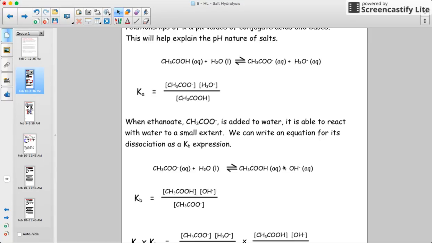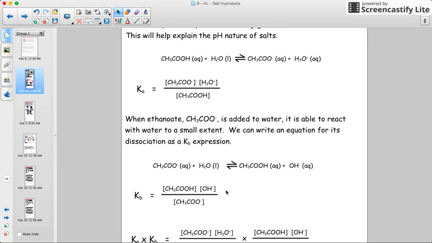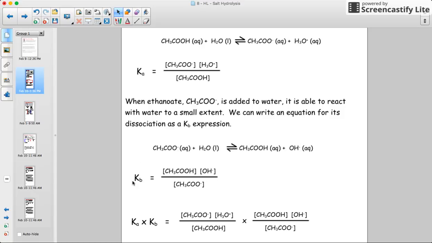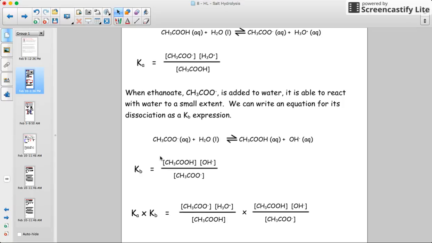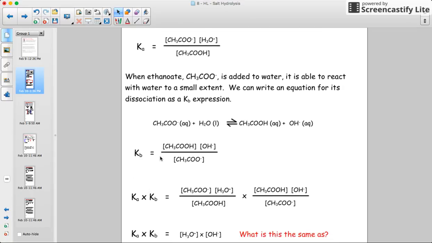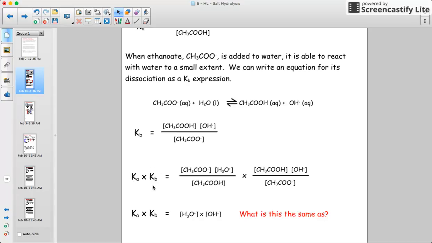Now remember, this isn't happening much, but this is what would happen when it behaves like a base, and it's at equilibrium. So I can set up a similar Kb expression for the ethanoate ion when it acts as a base. It looks like this. So now what I'm going to do is take those two expressions, the Ka and the Kb, and multiply them together.